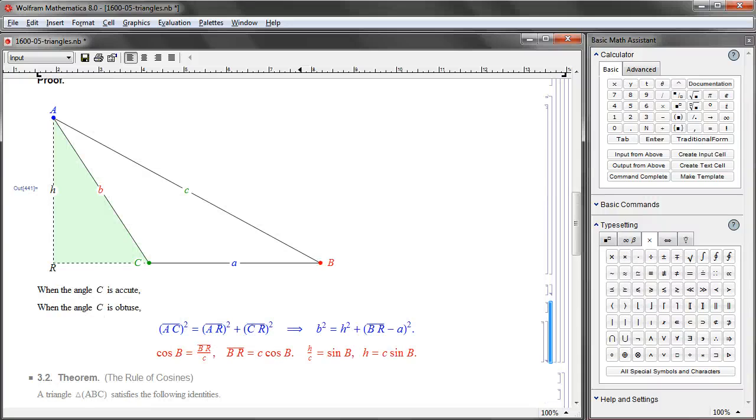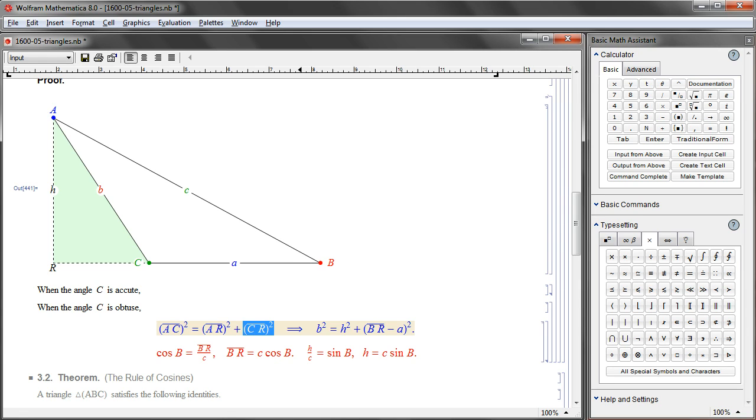From this blue triangle, we have the same Pythagorean formula. Hypotenuse squared is vertical squared plus horizontal squared. The vertical is height h, so h squared. And then the horizontal, CR squared, that's a little bit tricky. CR is now BR minus BC, because BR is the big distance here.